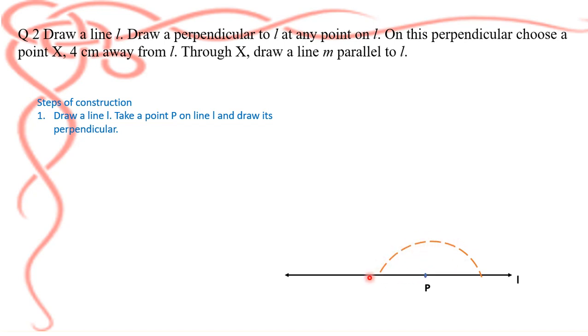Now this arc intersects the line L at the 2 points A and E.